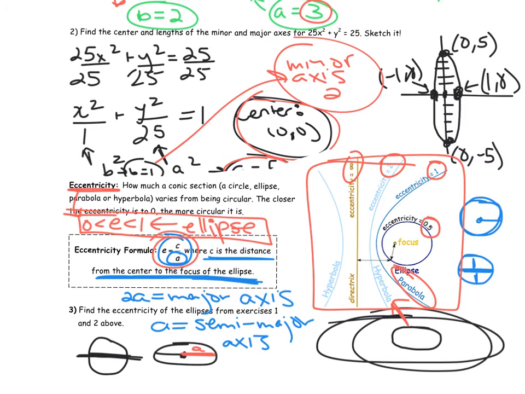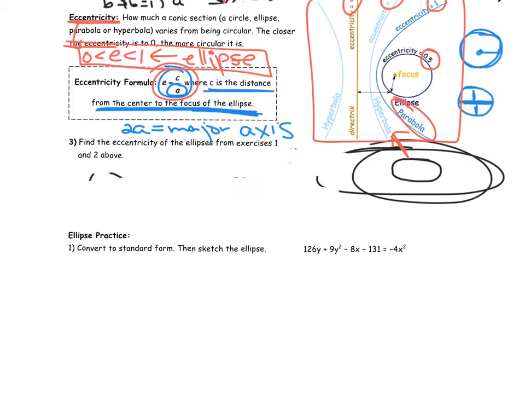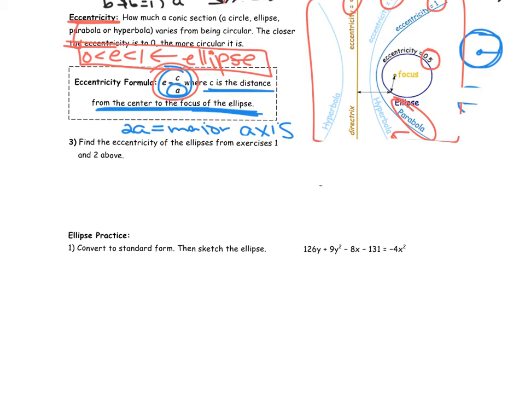All right, so let's look at question 3. Question 3 says, find the eccentricity of the ellipses from exercises 1 and 2. So from exercises 1 and 2, let's go back. For exercise 1, looking at my paper here, we found our A value to be 3, and our B value was 2.